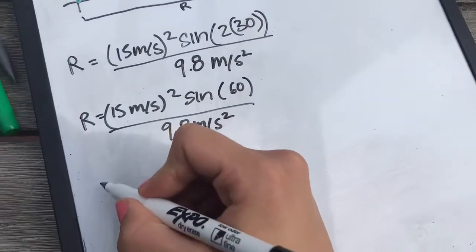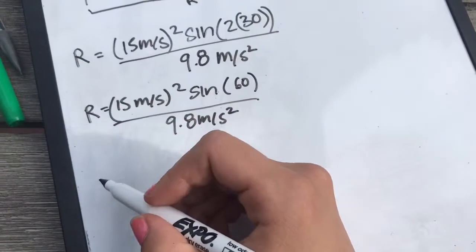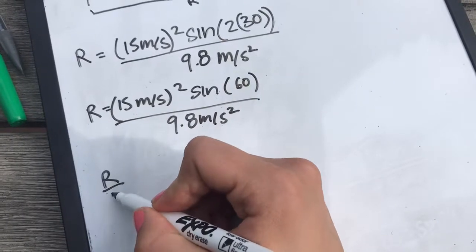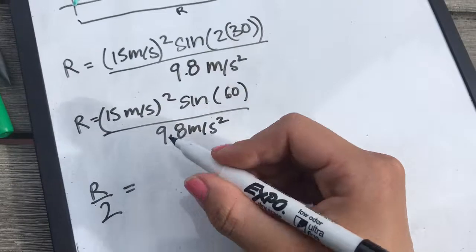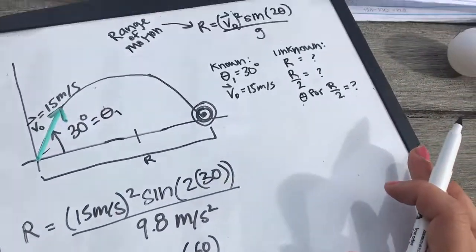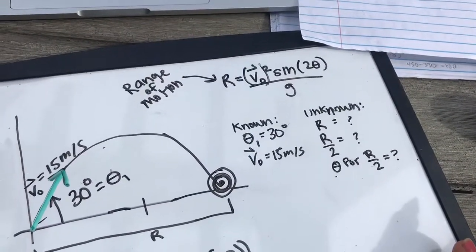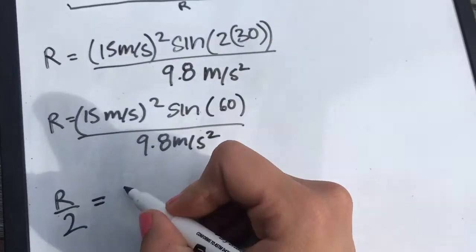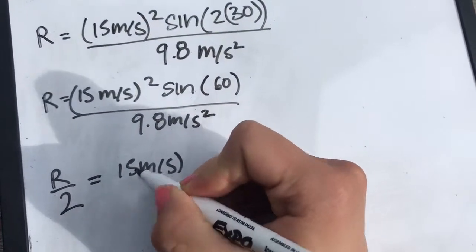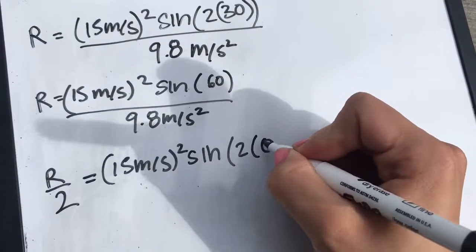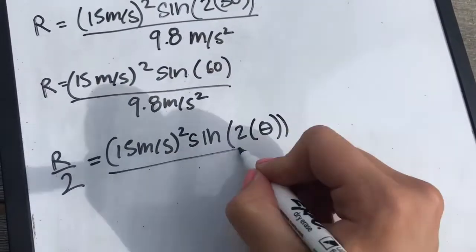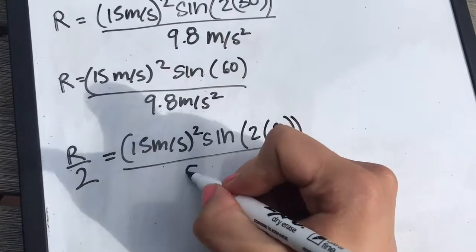So you can say that R over 2 equals, and then we just go back to this equation up here, and we solve the same things. So it's going to be the same initial velocity, but now we don't know what theta is, so we're just going to leave that there, and that's what we're going to be solving for.